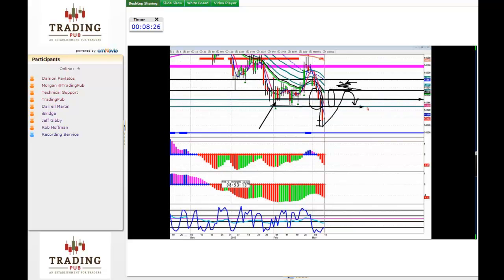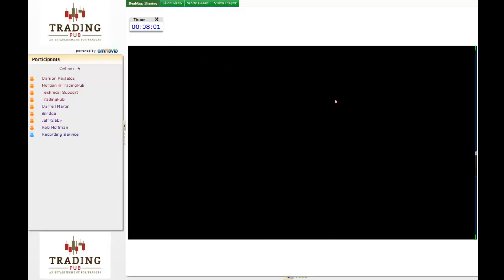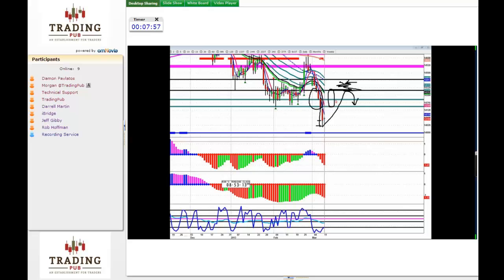Let me see if I can quickly jump through. This is the same presentation, and I talked about the single best trade for tomorrow. What I was looking for was the goal to break out above. You see right over here, what do we have? We have those distribution areas that we were talking about, and I was looking to break out above them for a big upside move.